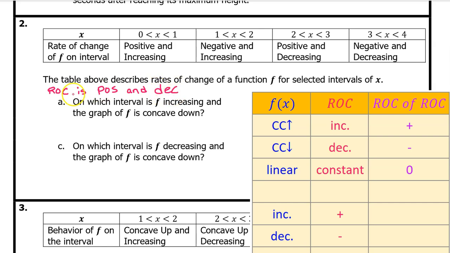So on what interval is the rate of change positive and decreasing? That's the interval from 2 to 3. So using an inequality, we can say 2 is less than x, which is less than 3. Or we could use interval notation and say the interval from 2 to 3.